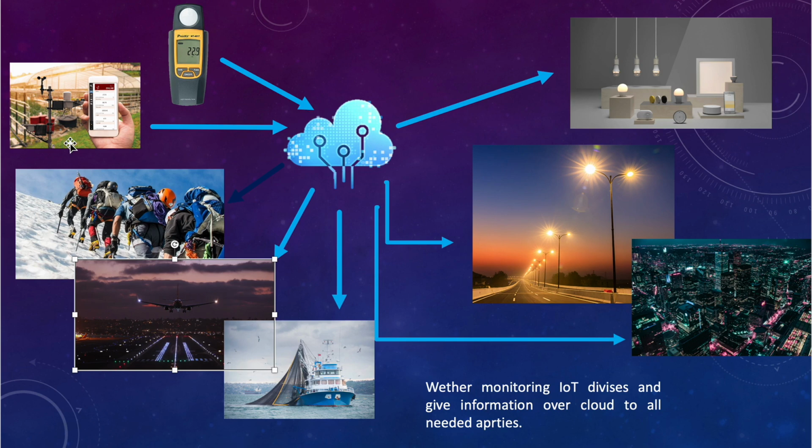Take the wind speed for instance. If the wind speeds are too bad, the pilots can abort landing or taking off and wait till the wind speed comes to a normal level so it's safe.